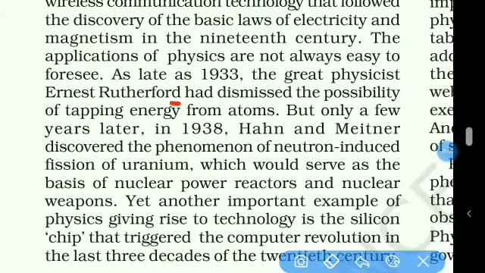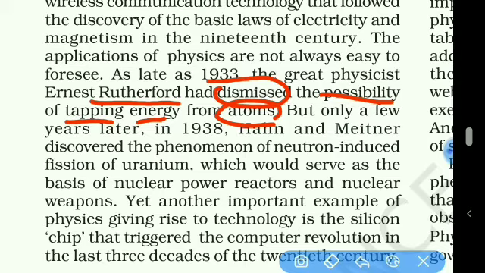A scientist named Rutherford dismissed the possibility of trapping, means gaining energy from the atoms. Means he said that we cannot get energy from the atoms.